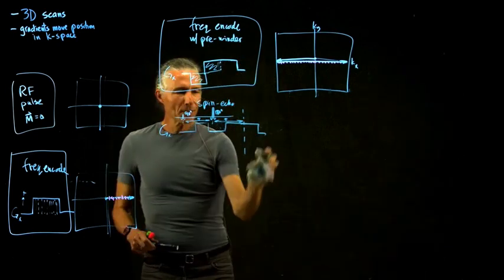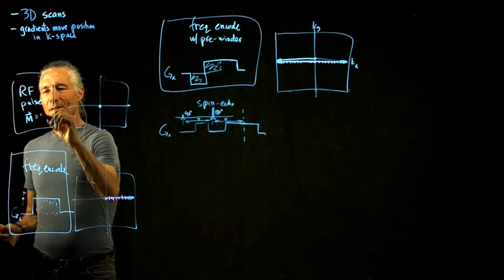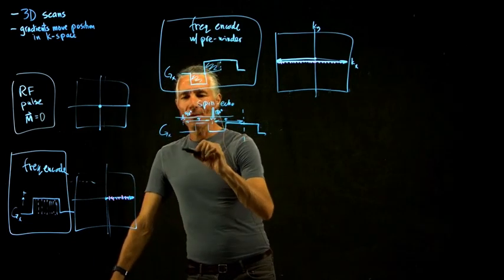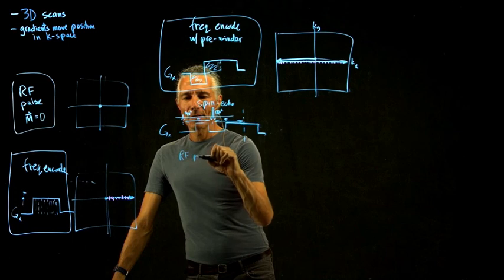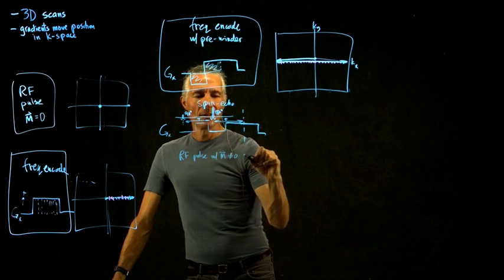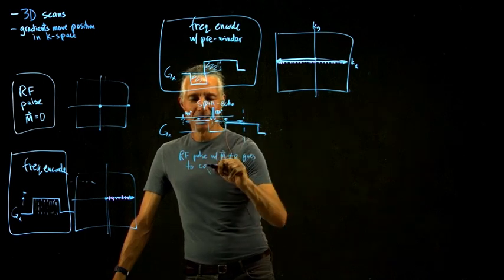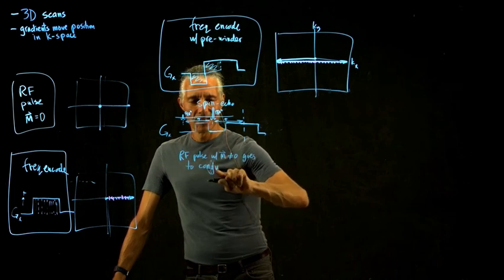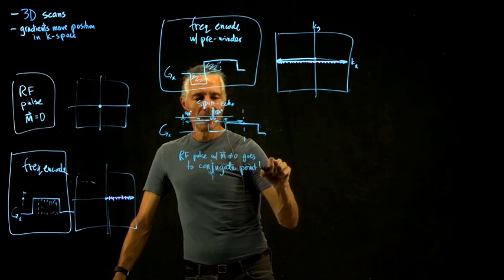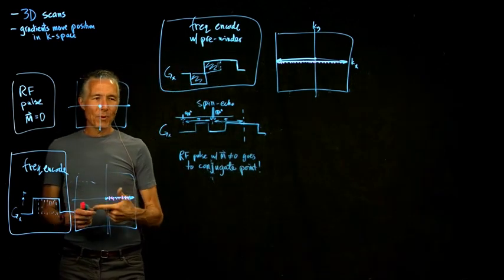It turns out that if the magnetization vector isn't 0, the rule is: an RF pulse with Mz unequal to 0 goes to the conjugate point.